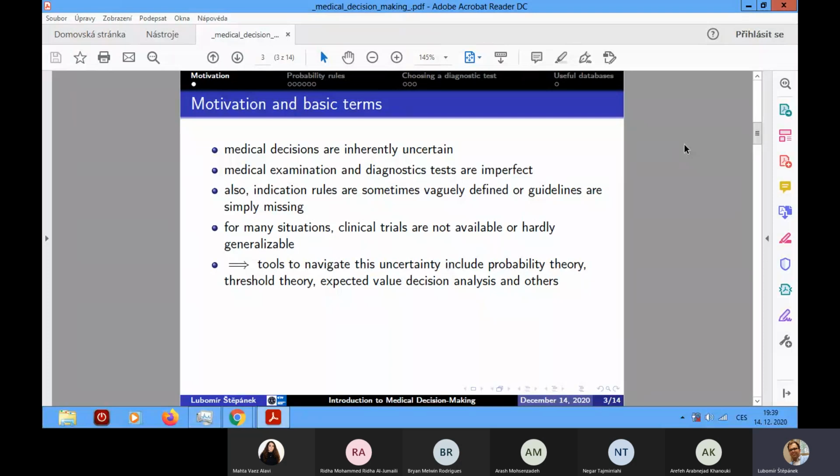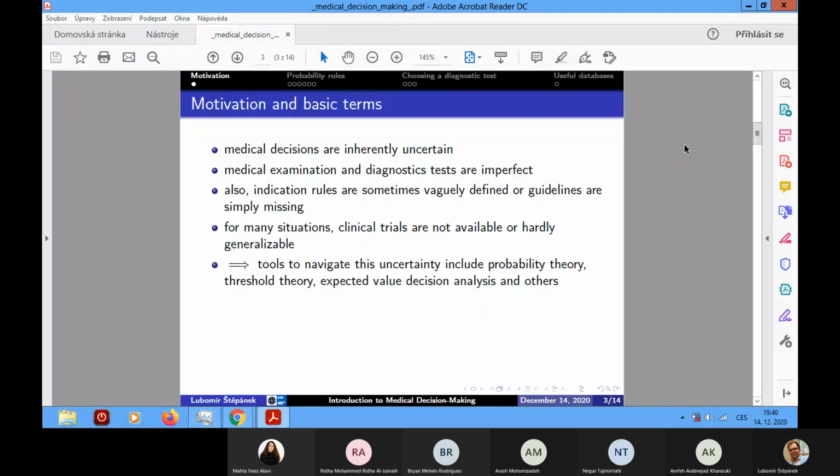At the moment of decision making there are too many unknown factors, so all medical decisions are naturally uncertain, and they must be. This is a fact, and we have to work with it.